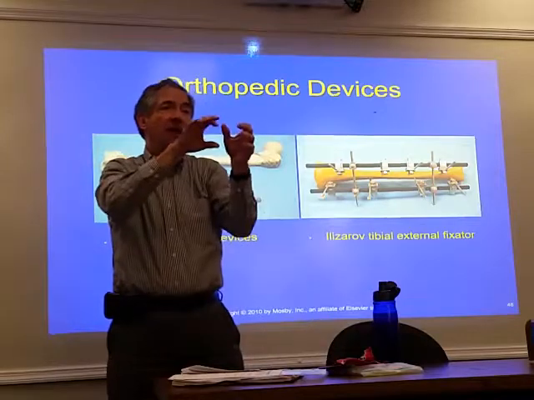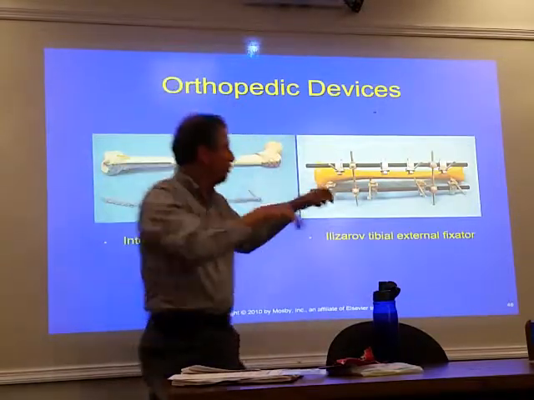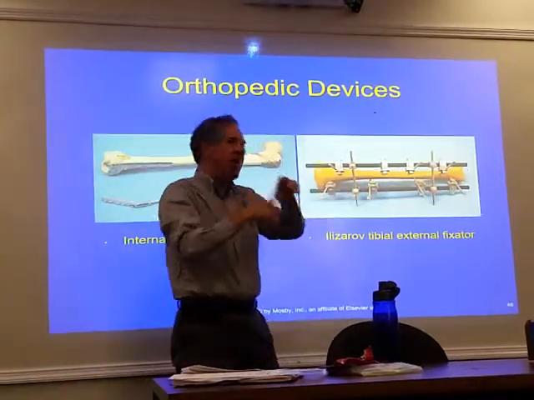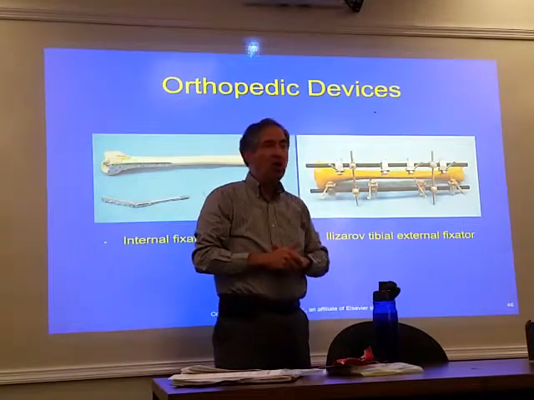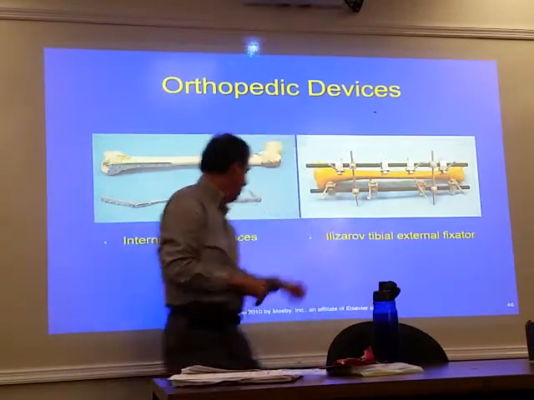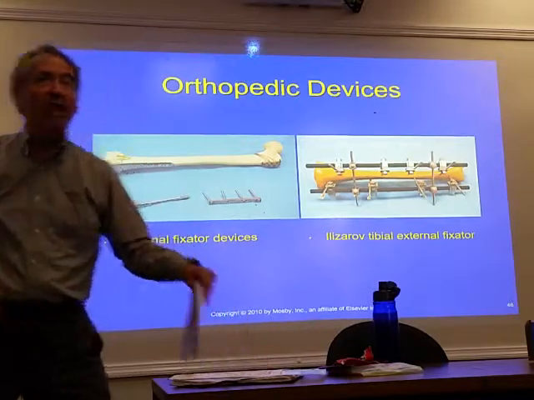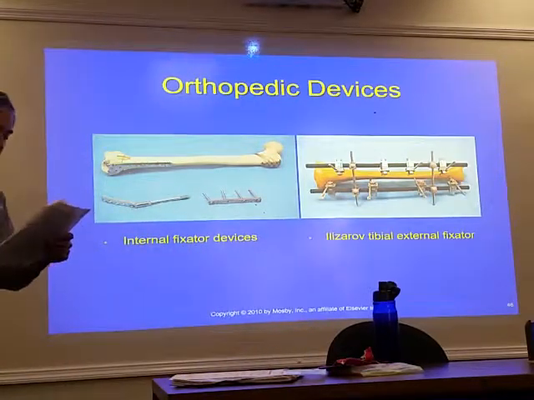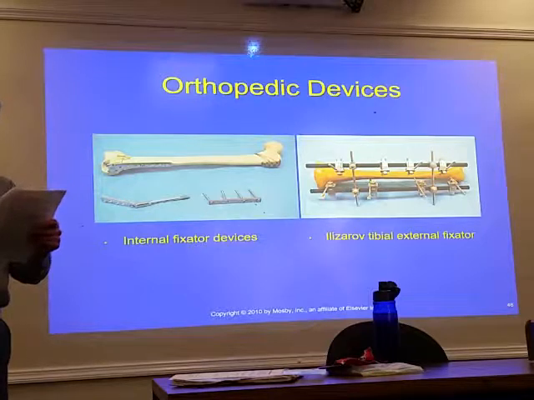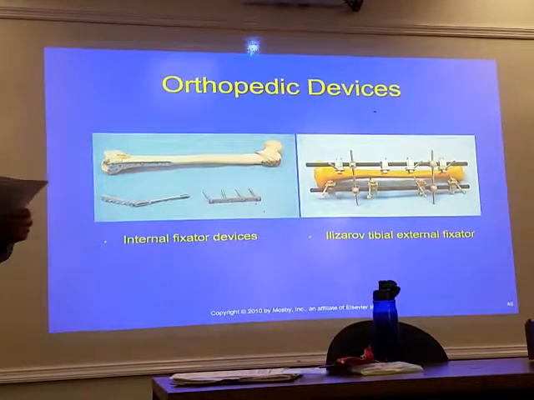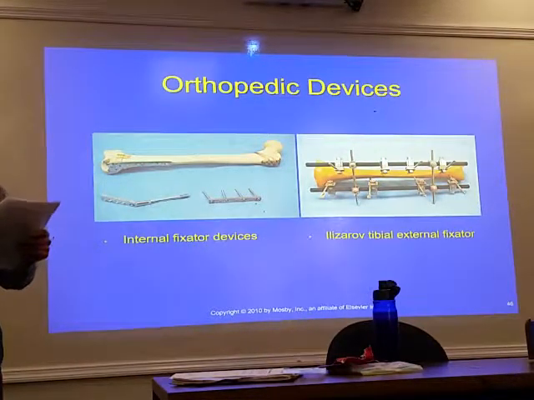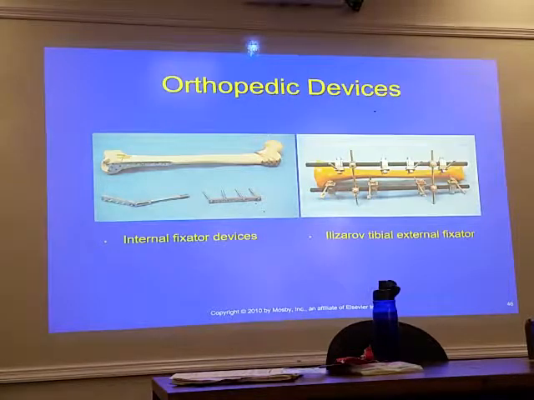When it fills in a little more, they loosen it and pull it out a bit more until it's reached its proper length. So that's an external fixator, and of course you're more familiar with the internal fixators. Especially the term ORIF, open reduction internal fixation. That's mainly what we're going to be dealing with, okay?